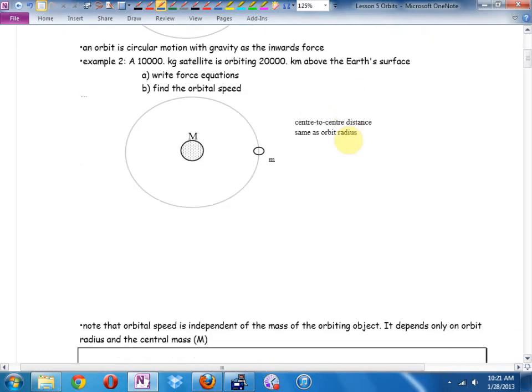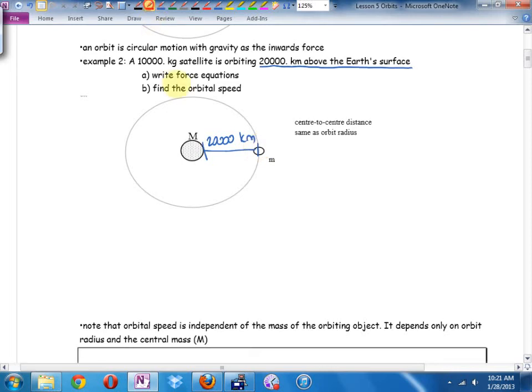Example 2. A 10,000 kilogram satellite is orbiting 20,000 kilometers above the Earth's surface. Can you underline the 20,000 kilometers above the Earth's surface? That's going to be important, because what they've just given us is that 20,000 kilometers above the Earth's surface.